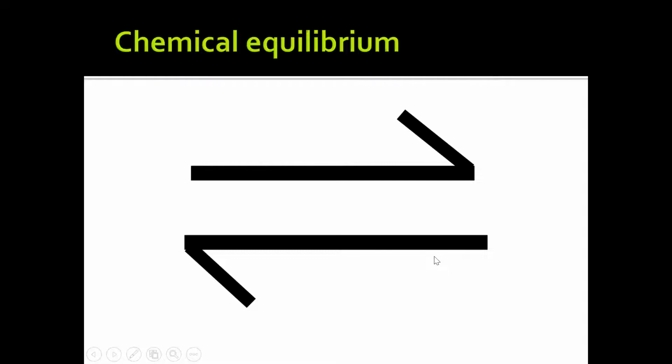Both of these arrows together will replace that regular arrow that we're used to as a chemical reaction symbol. And what it means is that the reaction can go forward as normal, or it can go backwards. It would be the same idea as if you read a sentence forward and then read the sentence backwards. There are some words like that, like the word race car. You can read it forward or you can read it backwards.